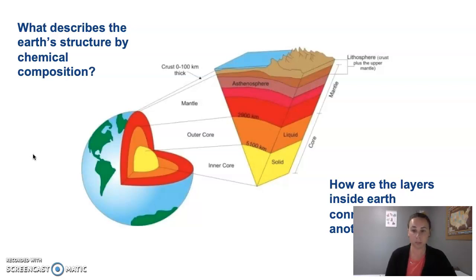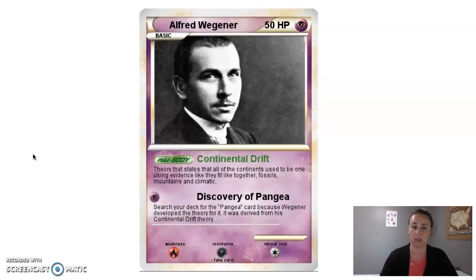And the lithosphere is what we want to focus on for this lesson, because that is where our plate boundaries are located. So, plate tectonics and the plate tectonic theory. Alfred Wegener is the father of plate tectonics. He is the one who introduced this, and the theory states that all of the continents used to be one.